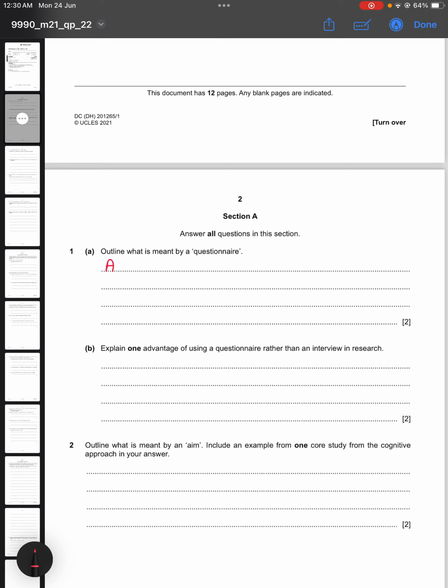So it is a type of self-report where participants are asked questions in written form.